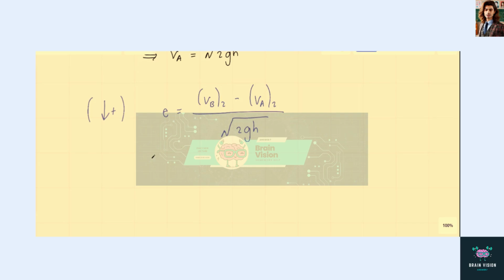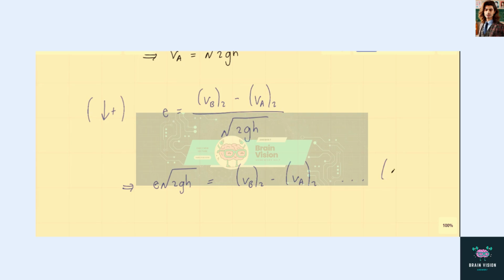So if we rearrange this equation, we get that the coefficient of restitution E times the square root of 2gh is equal to VB2 minus VA2. We'll call this equation 1.